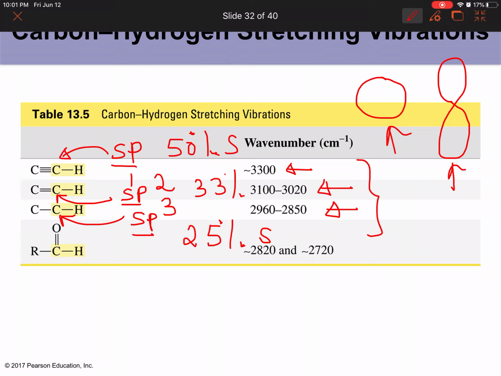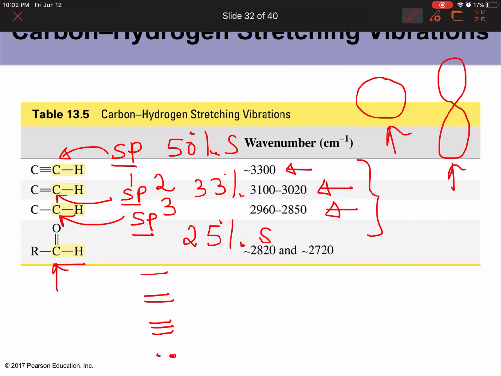Now this is an aldehyde, and what is the hybridization of that carbon? How many electron groups are there? Remember, the electron groups are single bonds, double bonds, triple bonds, or lone pairs. They are considered electron groups.